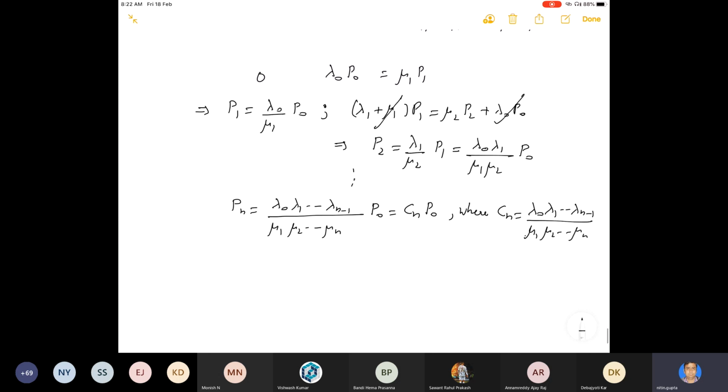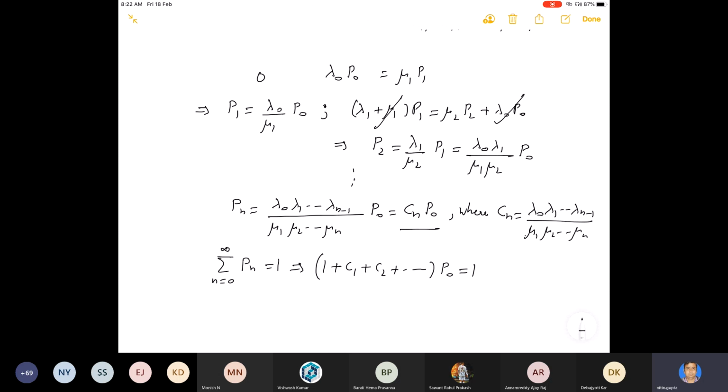Also we know that summation of pn, n from 0 to infinity, is 1. This implies that, taking p naught common, 1 plus c1 p naught, because our p1 will be c1 p naught, plus c2 p naught, and so on.